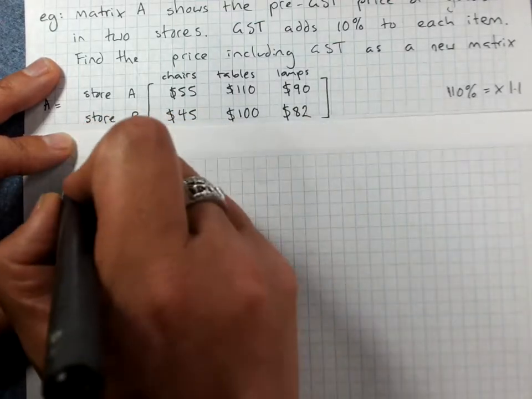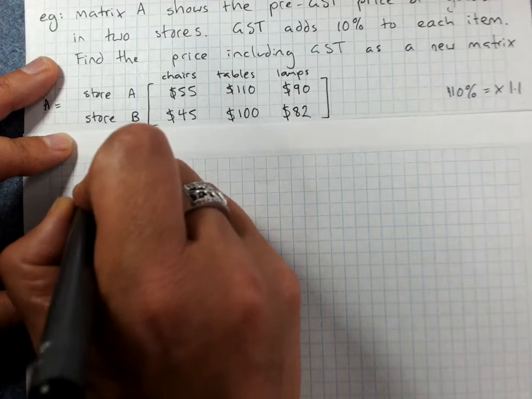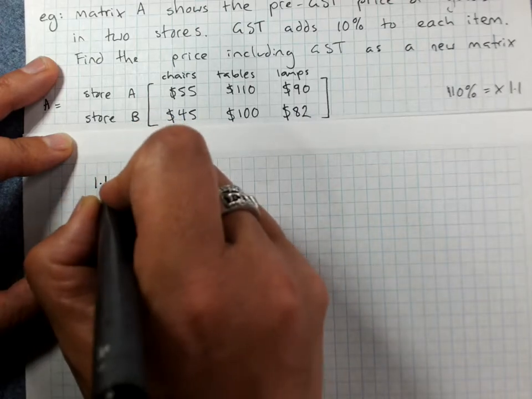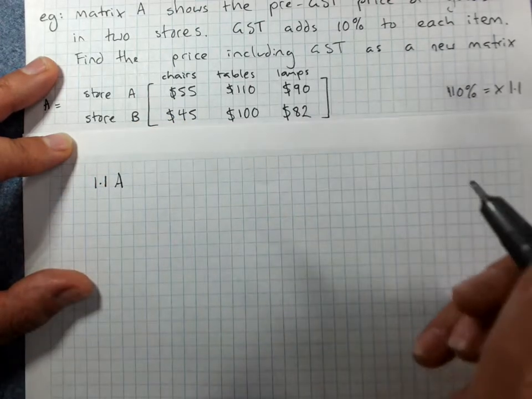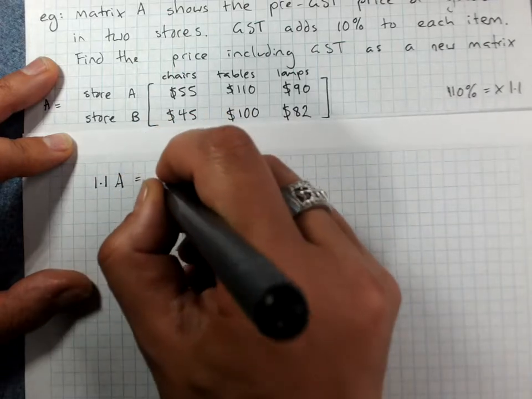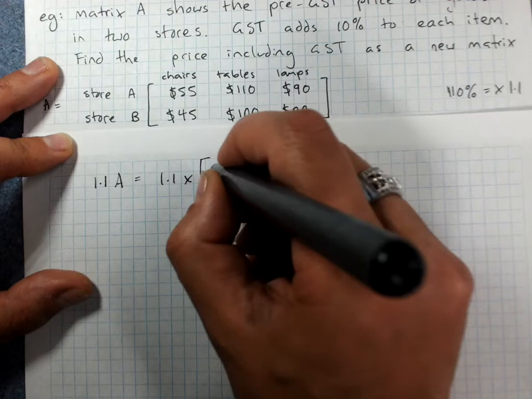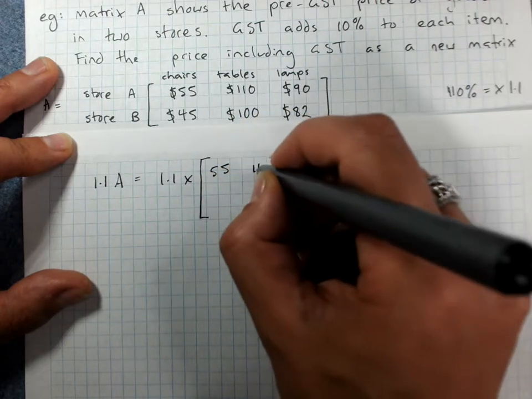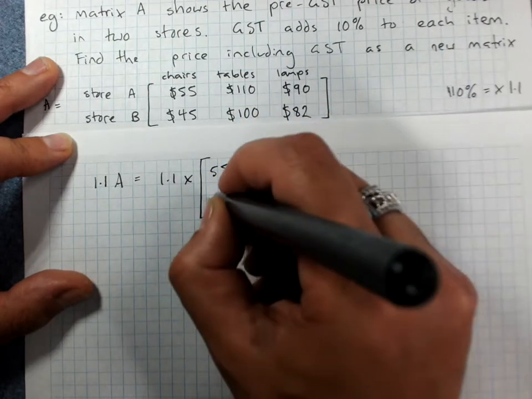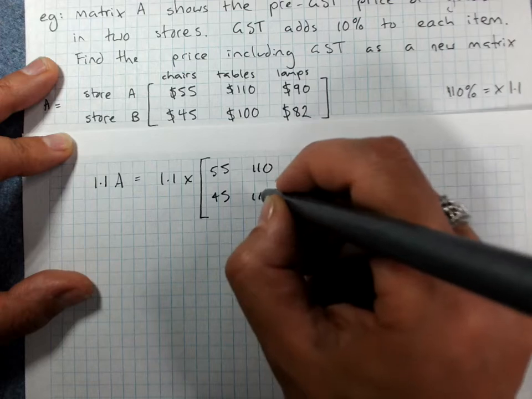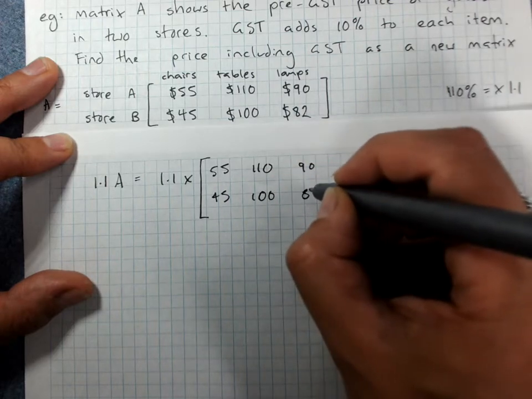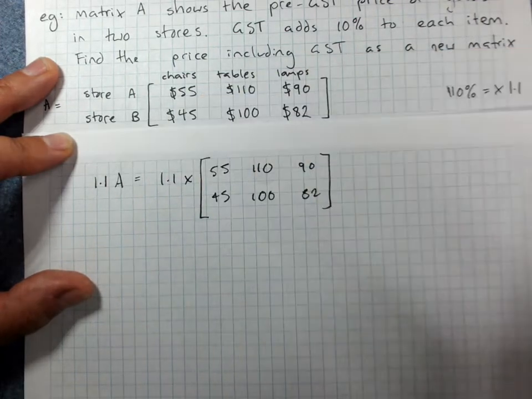So what I will need to find is 1.1 lots of A, which will be 1.1 times that matrix.